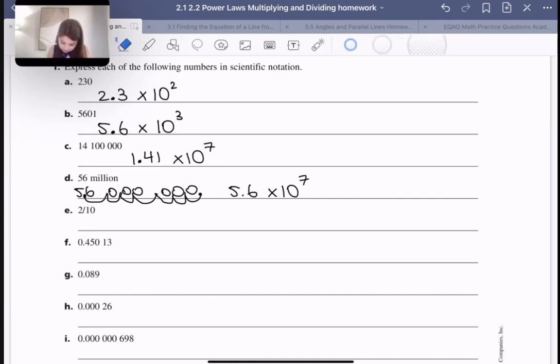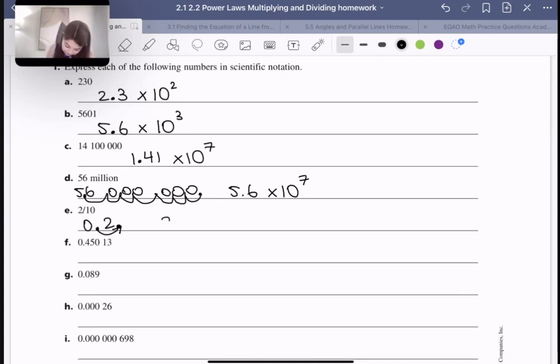Good. Okay. Now, what about 2 over 10? Well, 2 over 10 is the same thing as 0.2. So this is another one where certainly in any other context, you wouldn't really have to express this in scientific notation, but we are going to anyway. So to do that, we're going to move it 1 to the right so that there's only one digit that isn't 0 to the left of our decimal point.